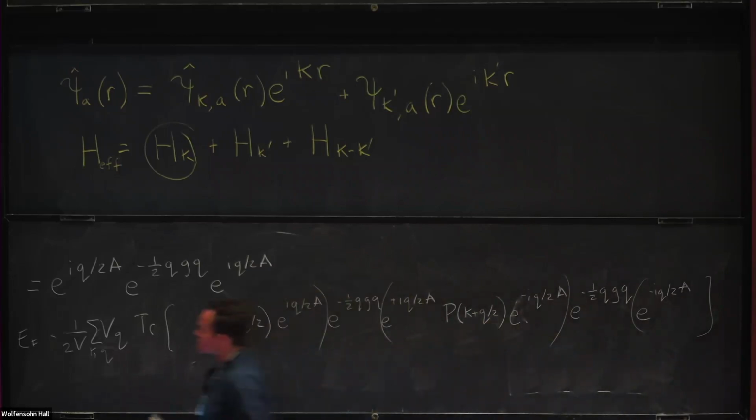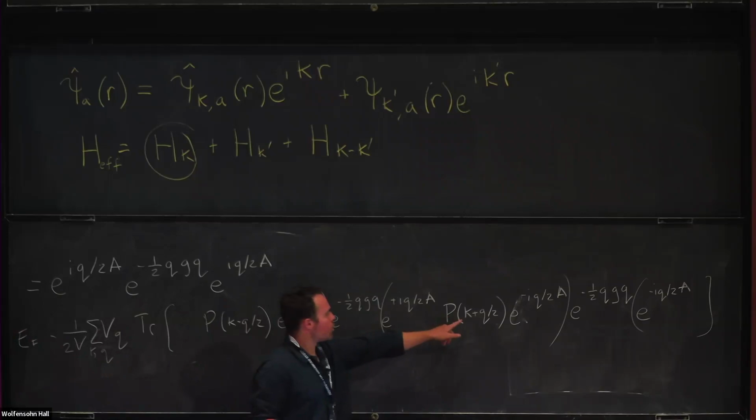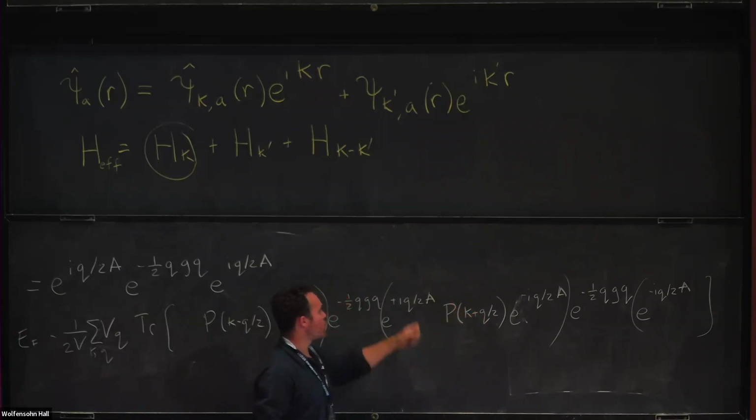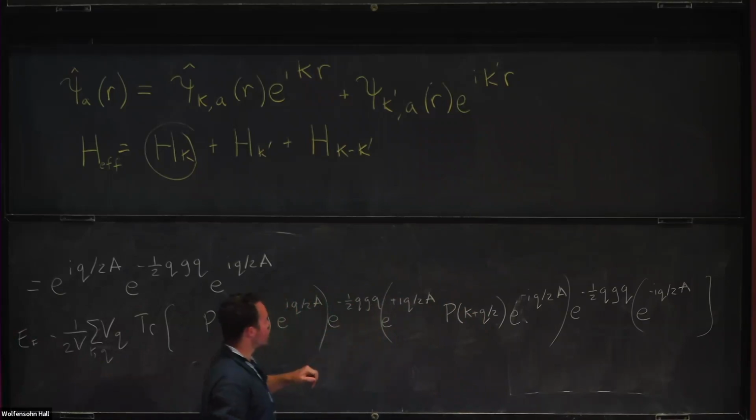So if you expand this thing to leading order in q, the q is going to show up in two ways. It's going to show up once from the fact that I'm at k plus q over 2, so I'm going to write the derivative of this, and the q is going to show up once from the fact that I'm conjugating by this term here.